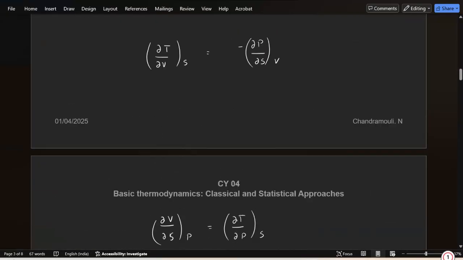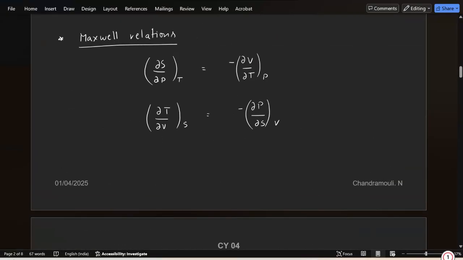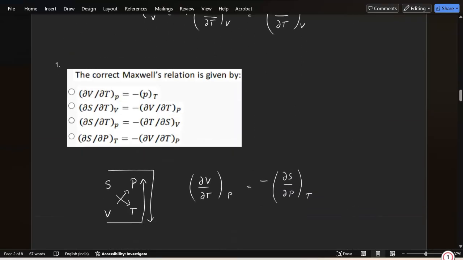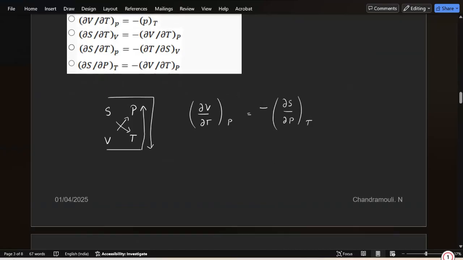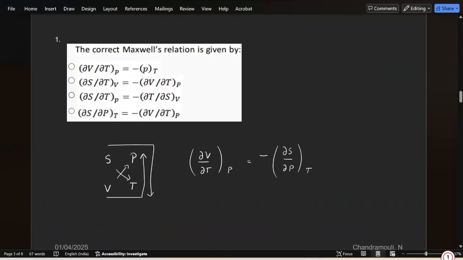Here we have del V by del T at constant pressure, which is exactly what we have, and the negative sign is also there, del S by del P at constant T. So this is the correct Maxwell relation, but here the option is wrong. Do you understand this, Jaydeep?